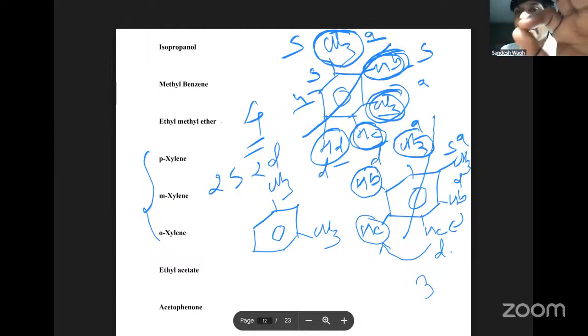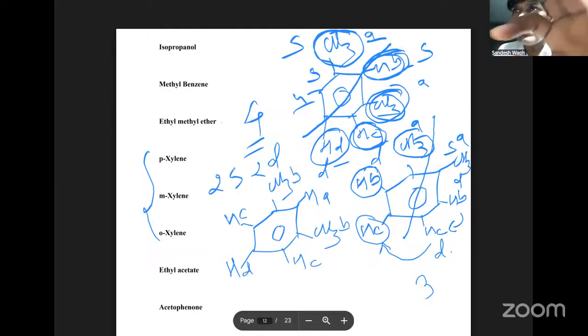Okay. Now in case of this, there are protons here, here, here, and this one. Now A, suppose this is B, this is C, C, and E. I have rearranged it differently. So this is singlet, this is singlet, this is singlet.